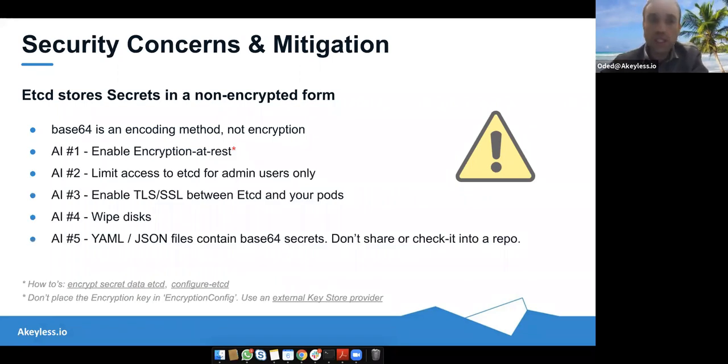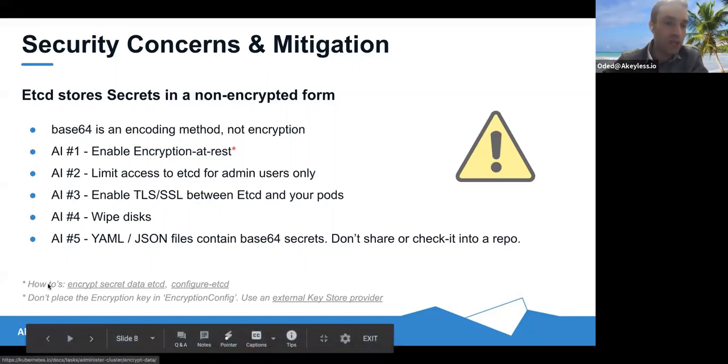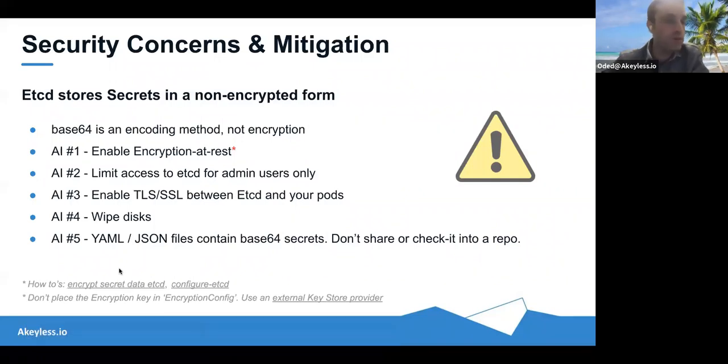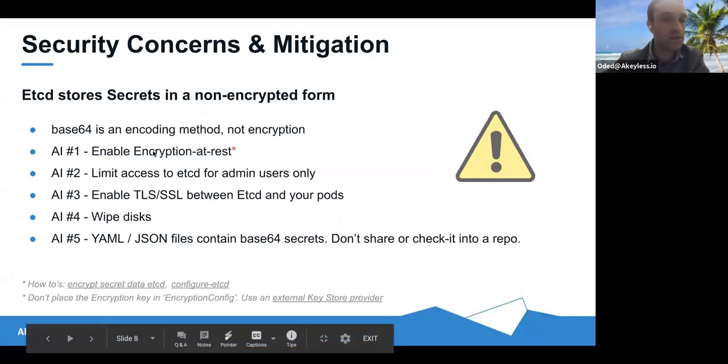So in order to mitigate that problem, first of all, you need to enable encryption at rest specifically within the etcd database. By the way, later on I will provide you this slideshow, and you'll have the links down here that you can follow in order to enable all kinds of features within Kubernetes to make sure that the database is encrypted.